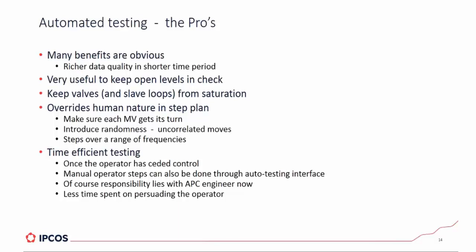The usual, let's say, step test algorithms would introduce some randomness into our step test plan. This would typically make sure that uncorrelated moves are being made, but of course we have to be very careful of this. People can introduce correlation into a step test plan, but so can an automated testing program.